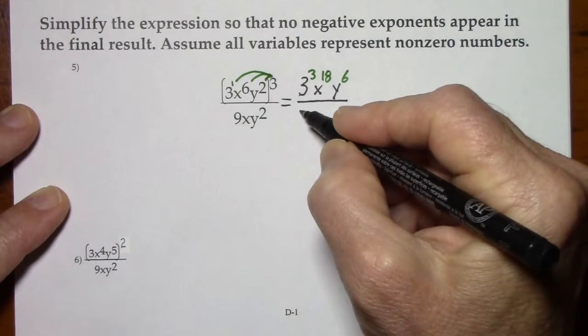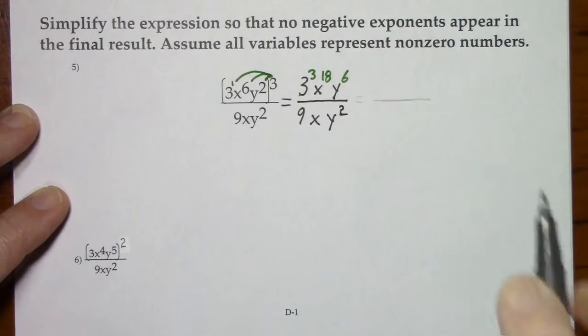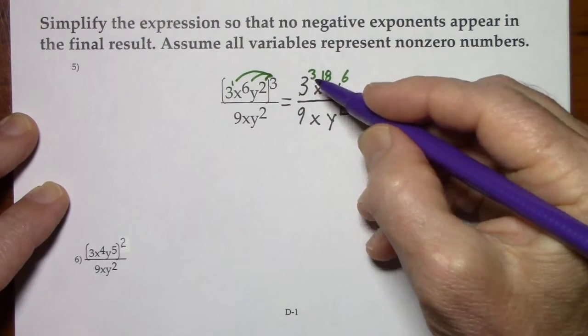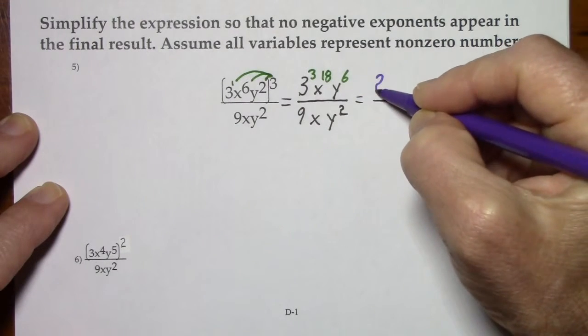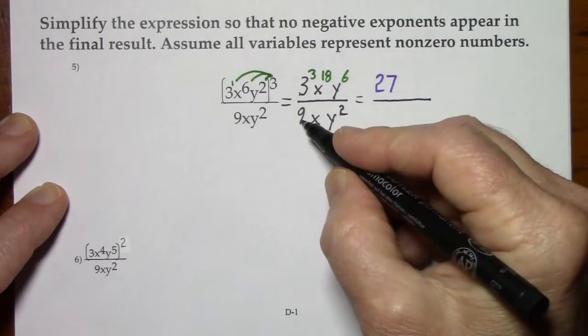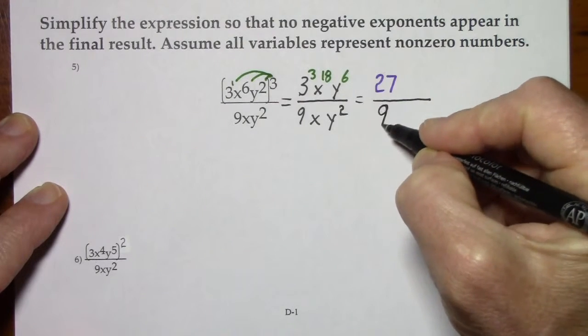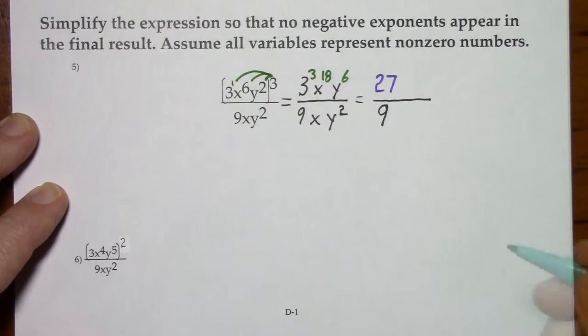Denominator stays the same. 3 raised to the 3rd power is 27. And I'll just bring the 9 over. We'll still have to simplify this.